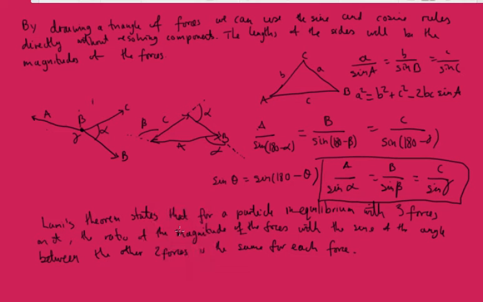Okay, so let's look at an example to see how this works in practice. So we've got an object in equilibrium, I'm just going to write equilibrium, by the action of the forces 10 newtons, 8 newtons and 9 newtons.